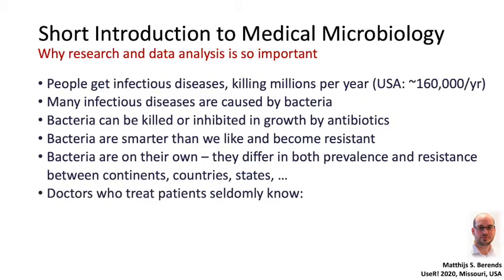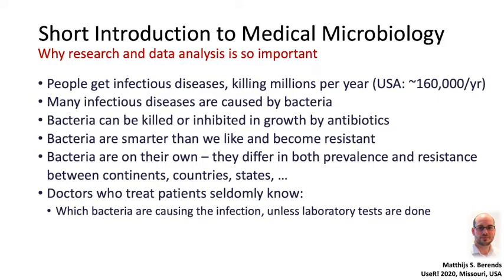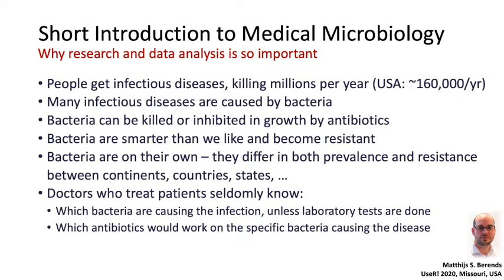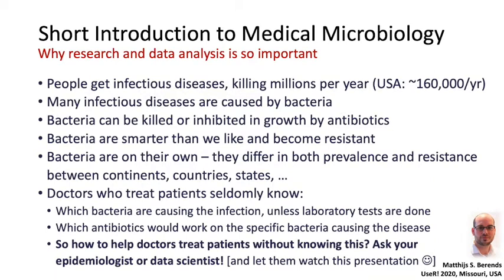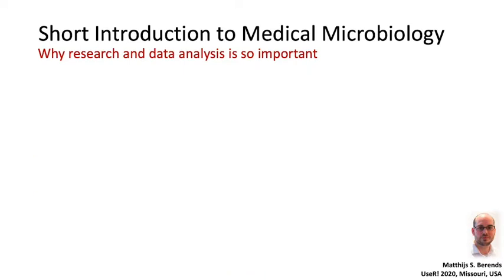That's also important to know, because doctors who treat patients for those reasons seldom know which bacteria are causing infections unless laboratory tests are done, and they also seldom know exactly which antibiotics would work well on the specific bacteria causing the disease, unless again laboratory tests are done. So how can we help doctors treat patients without knowing this? Well, they should ask their epidemiologist or data scientist and let them watch this presentation.